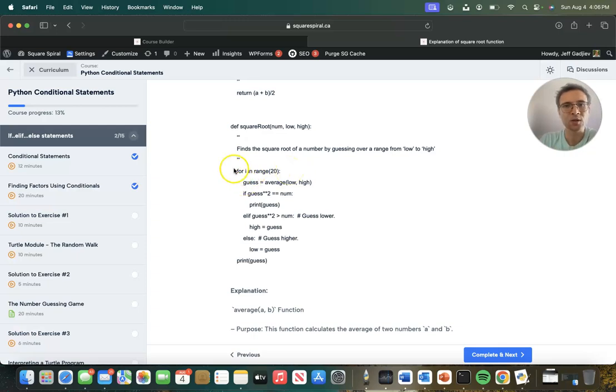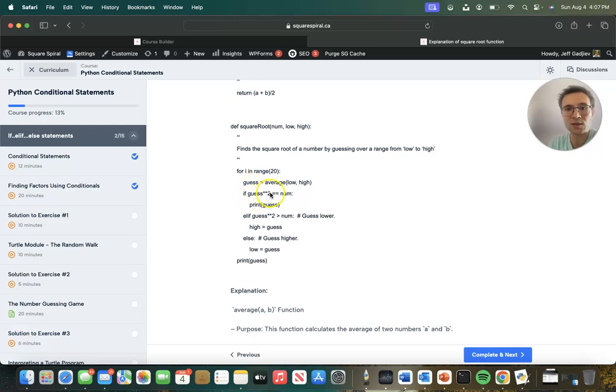The way this for loop works, and it's going to repeat 20 times, is it's going to assign the average of low and high, the two numbers that were entered, to guess.